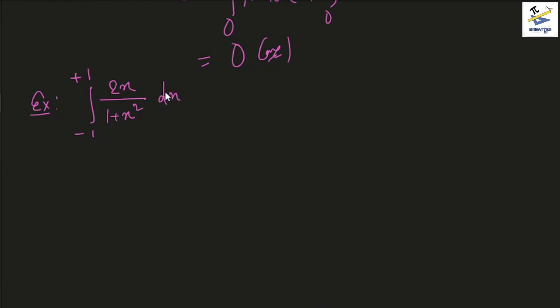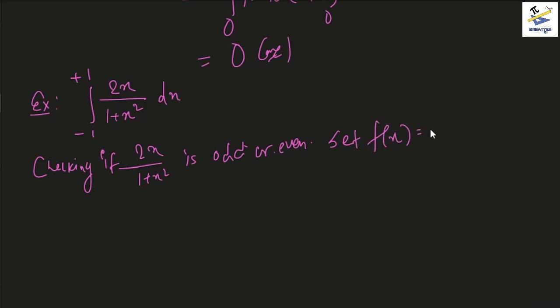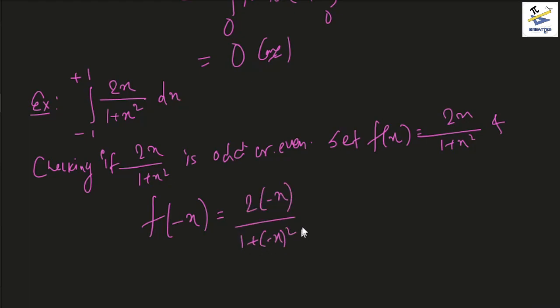So this was the example that we had done previously, right? Minus 1 to plus 1, 2x by 1 plus x square. So first let us check if 2x by 1 plus x square is odd or even. To check that, we set f of x equals 2x by 1 plus x square, and we evaluate f of minus x, which is 2 times minus x by 1 plus minus x whole squared, which is minus 2x by 1 plus x square, but this is just equal to minus of f x.